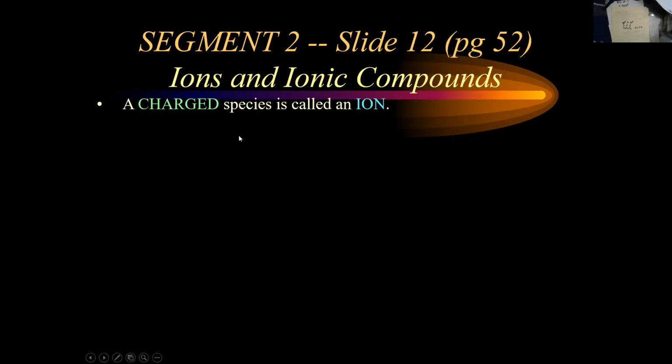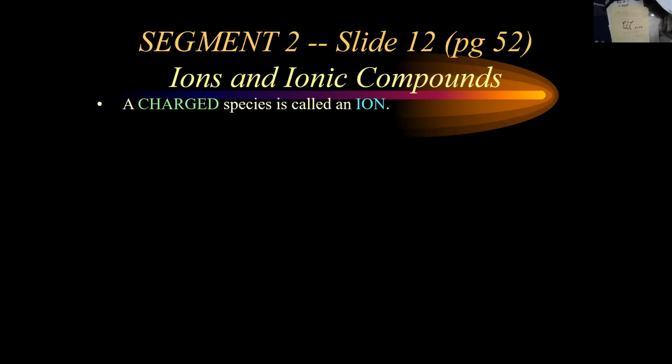Okay. Now, I mentioned before that when we're writing formulas, there is a left side of the name and a right side of the name, a left side of the formula, a right side of the formula. The left side of the formula, for most of the compounds we're dealing with right now, are what's called ionic compounds, which means there is a positive ion and a negative ion that make up the formula for the compound.